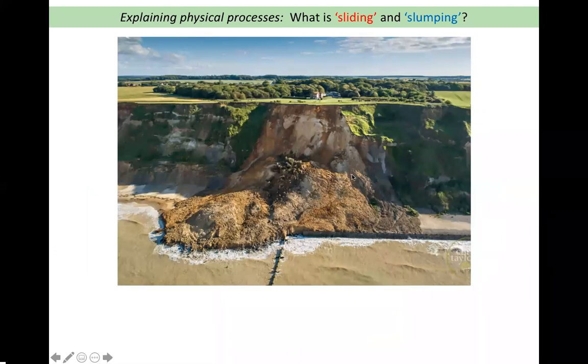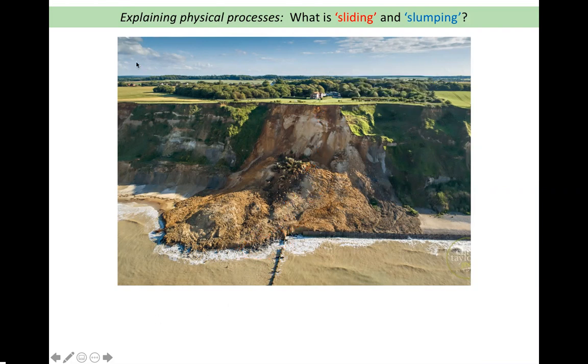Now, this type of mass movement looks quite similar to the one we looked at previously at the start of the lesson. The way you can identify this type of mass movement is by looking for small rocks and boulders at the bottom of the cliff, on the beach. So have these rocks rolled their way down the hill due to gravity and essentially ended up at the bottom, okay?